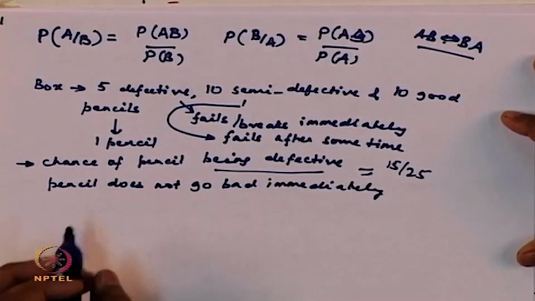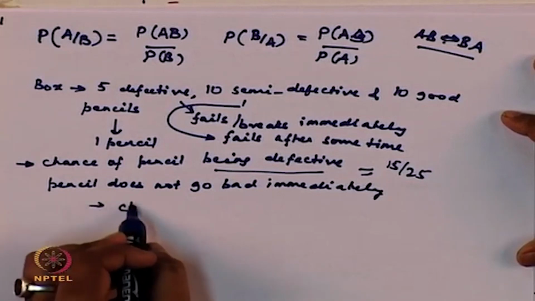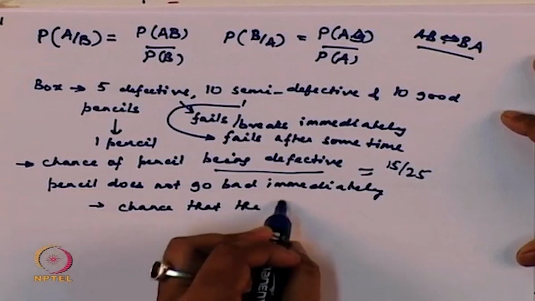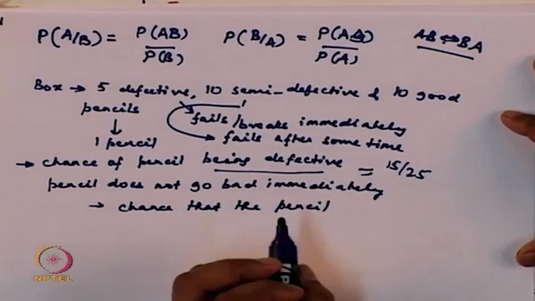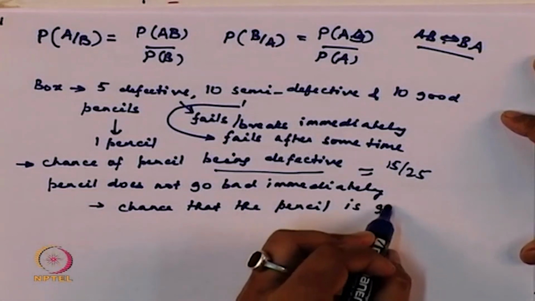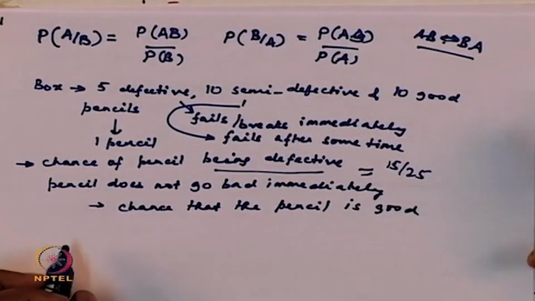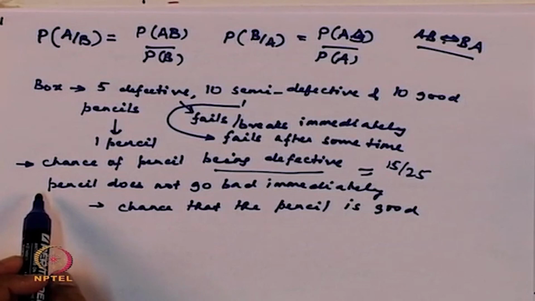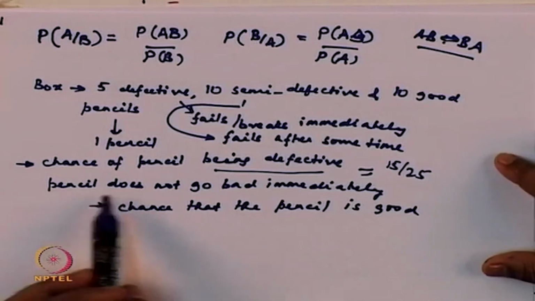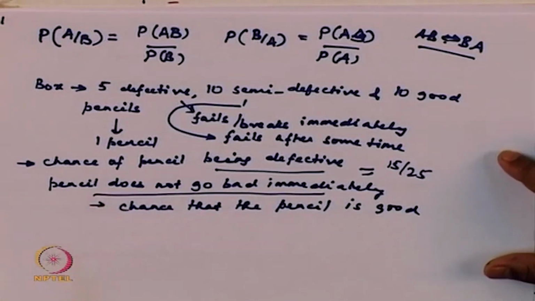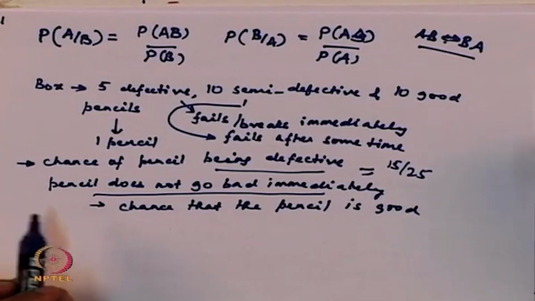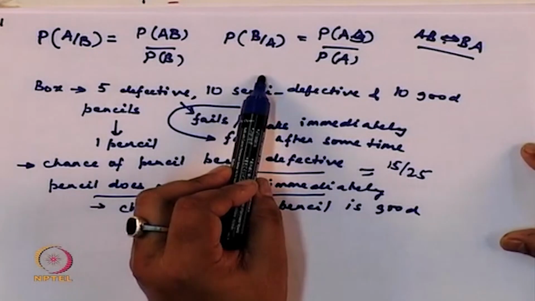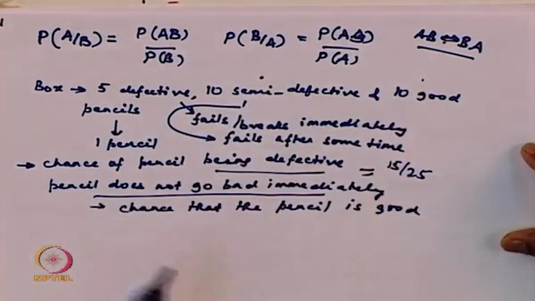In this case, what is the chance that the pencil is good? This is an example of conditional probability. If I know the pencil does not go bad immediately, it means that I have either chosen a semi defective piece or a good piece.